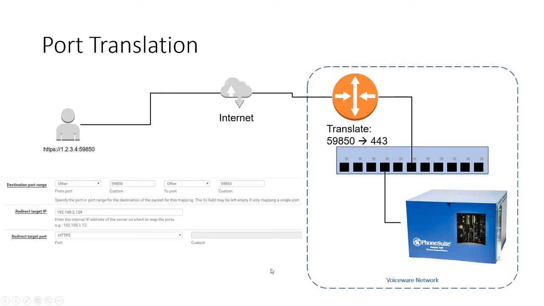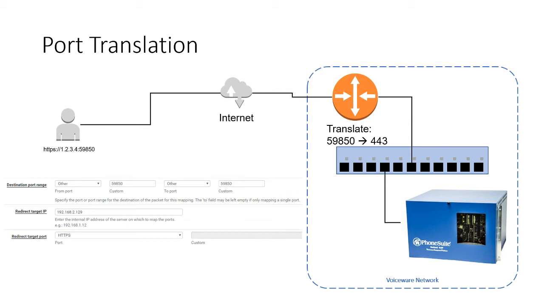The last concept I want to talk about is port translation. Port translation is another security thing that can be done to help disguise common ports so that they're not as easily found. This isn't amazing security, but it can help prevent some of the more common scanning bots that we see out there.